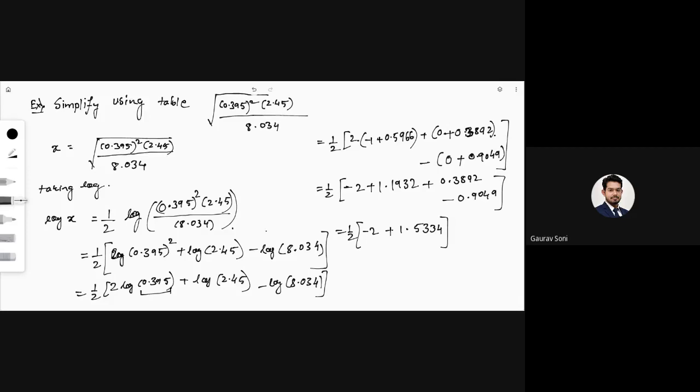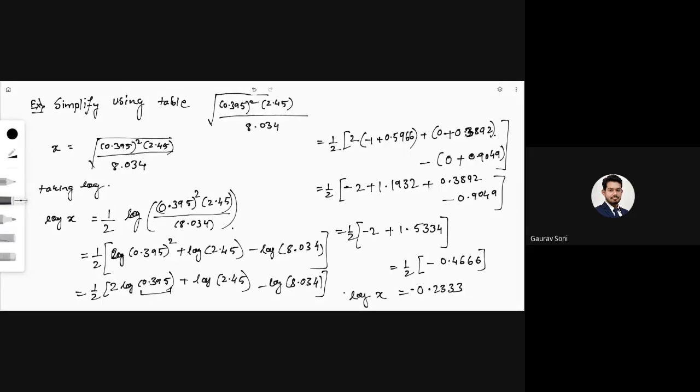So that is 1 by 2 in bracket -2 plus 1.5334, which is minus 0.4666. Again, you can divide this by 2. So which is minus 0.2333. This is log of x.